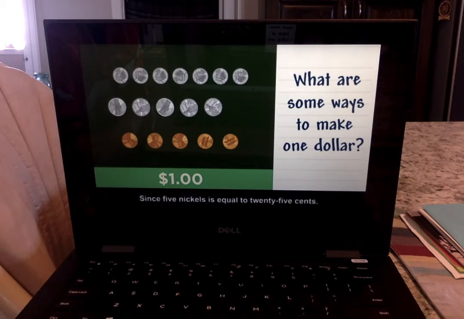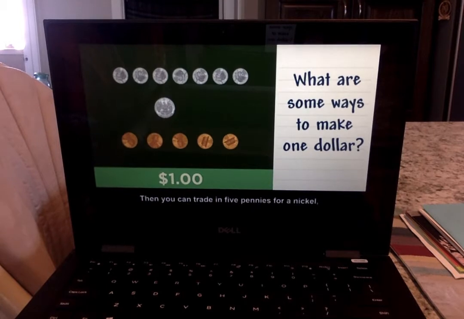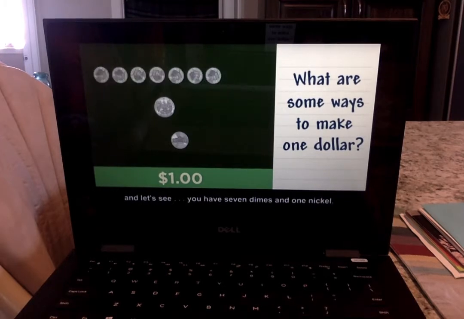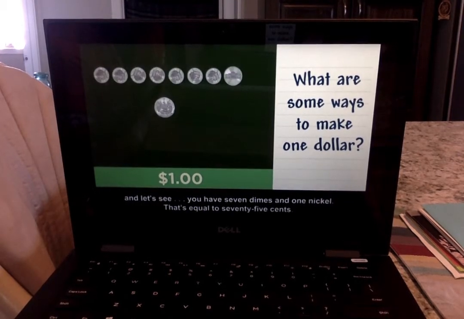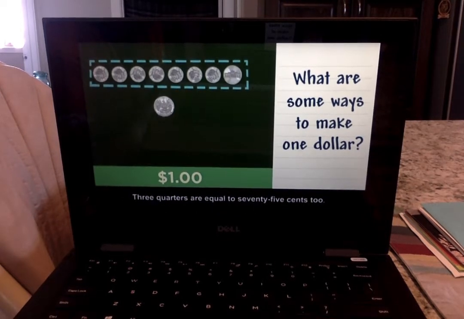Since 5 nickels is equal to 25 cents, you can exchange the nickels for a quarter. Then you can trade in 5 pennies for a nickel. Let's see. You have 7 dimes and 1 nickel. That's equal to 75 cents. 3 quarters are equal to 75 cents too.